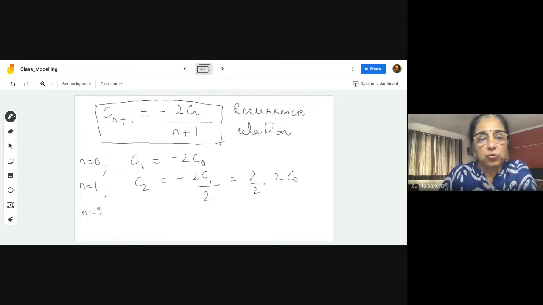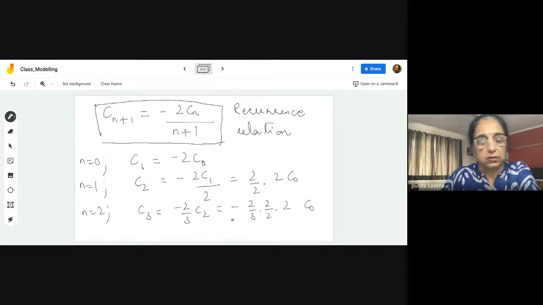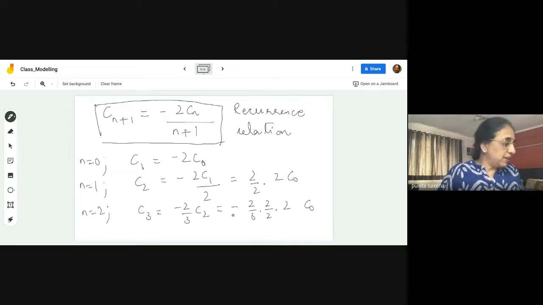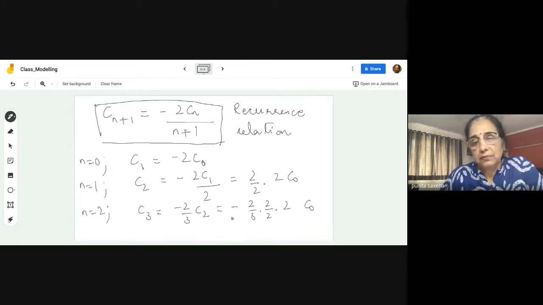When n is 2, what do you get? C3 equal to minus 2 by 3 C2, which is nothing but minus 2 by 3 into 2 by 2 into 2 C naught. The obvious question should be, why are you writing it like this? That's because I'm now trying to derive a general formula.